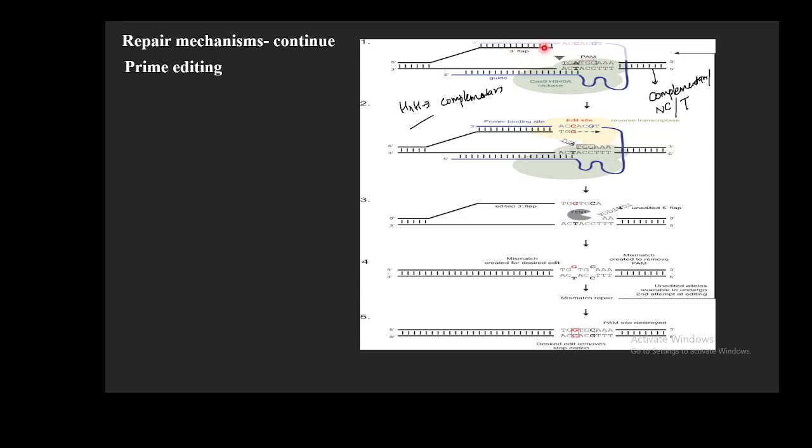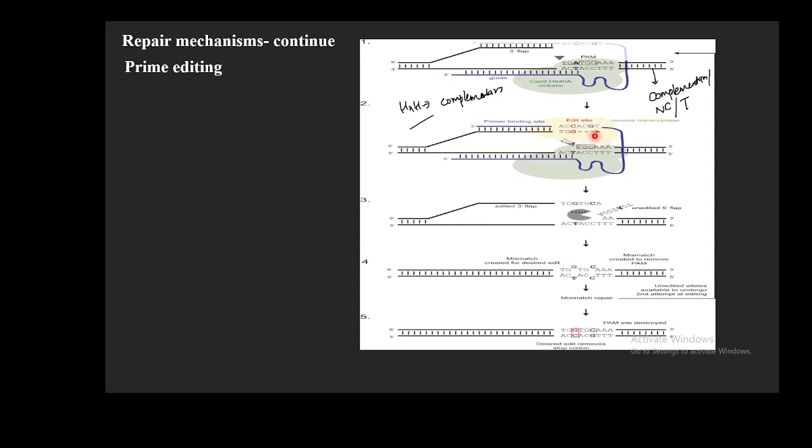So it will create the nick in the non-complementary strand, and this guide RNA has the specific sequence that you will design according to your experiment. For example, if you want to convert TGA to TGG, you need to have a sequence complementary to TGG or some other sequences.